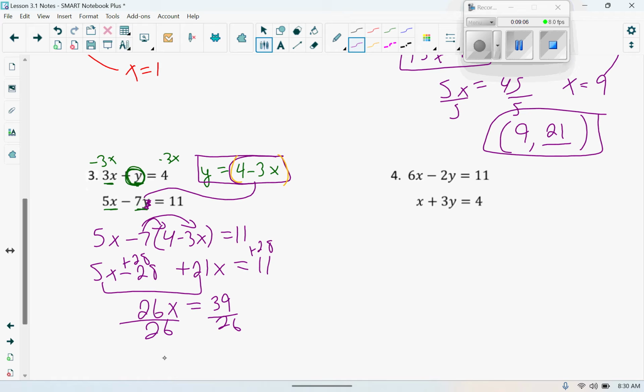Okay, so when I do that, it's going to give me a fraction, totally fine. We want to simplify that. And so if you type that in your calculator, you end up with x equals 3/2. And that's fine. That's not too big of a deal. So I know that my x coordinate is 3/2. And then I'm going to come up here and plug it in right here.